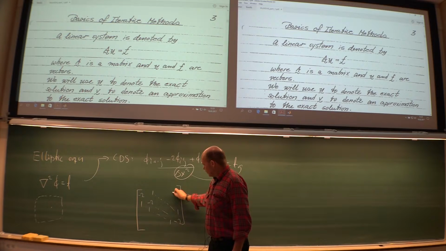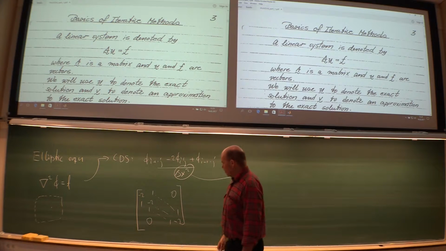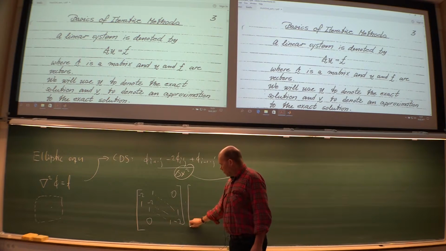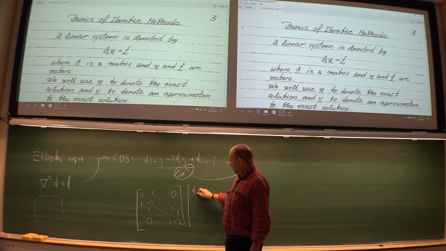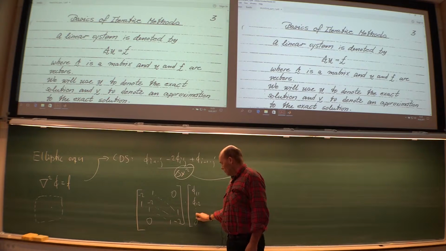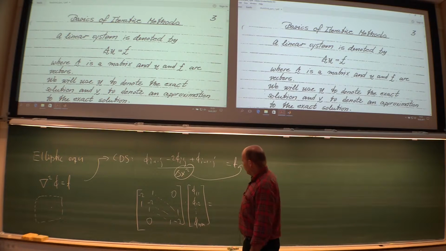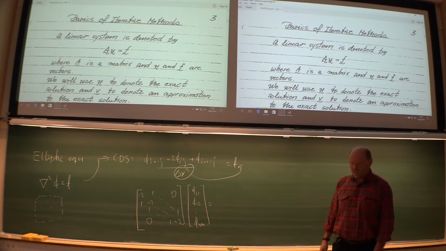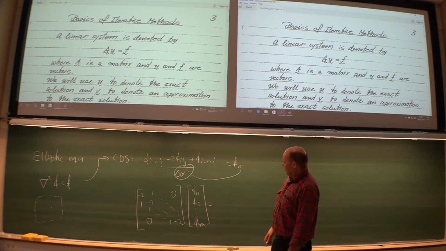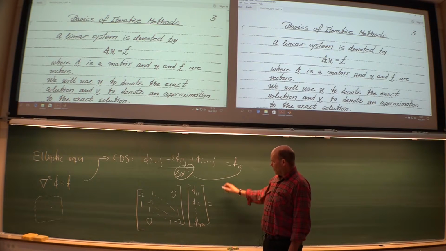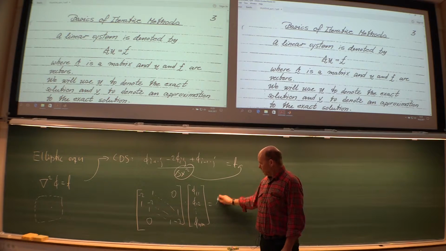The rest of this matrix is going to be 0. Multiply now with all your unknown phis, phi 1,1, phi 1,2, whatever, all the way down to phi n,m, equals, and here on the right hand side, if you do it very easy, f is constant, then you can write it as simple as f multiplied with delta x squared.